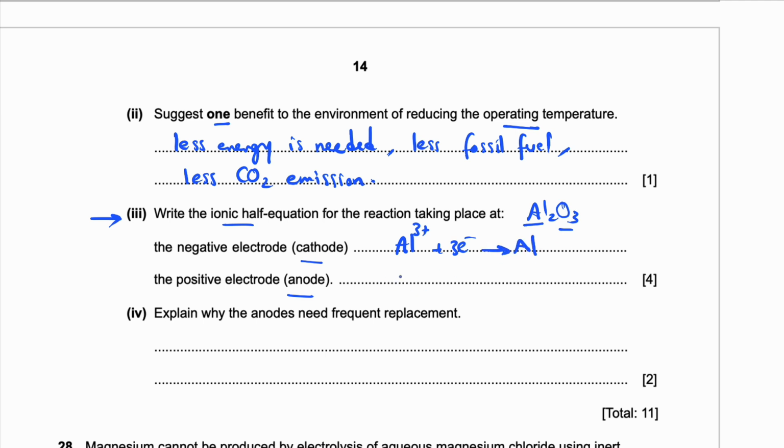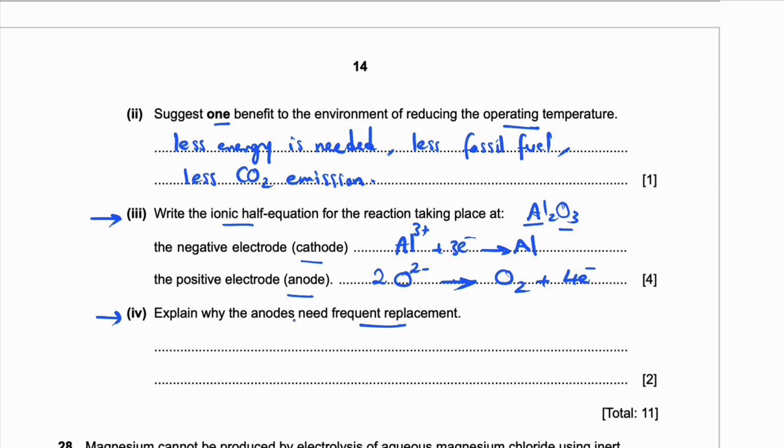At the anode, the anion is oxide ion, so it gets discharged into oxygen, but oxygen is diatomic, that's why we have to use 2 of the ions, and that's why we're going to release 4 electrons, because each ion has 2 negative charges, so 2 of it will have 4 negative charges. Next, explain why the anodes need frequent replacement.